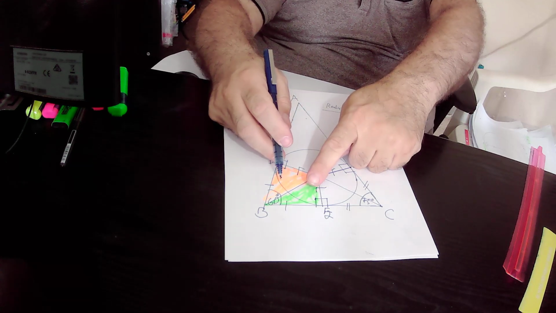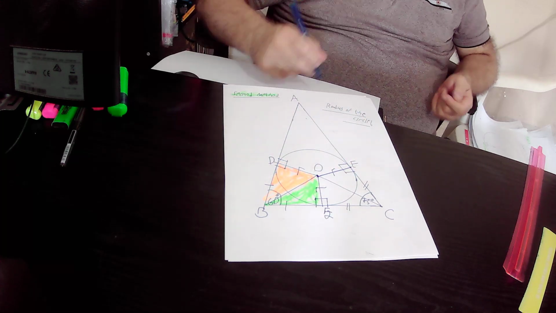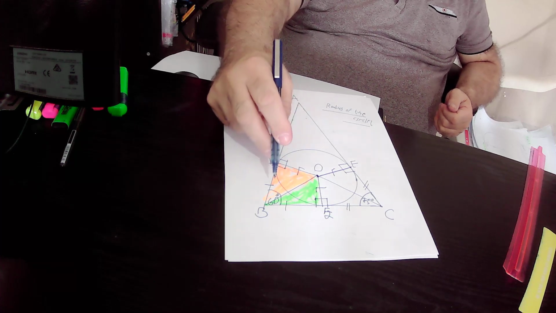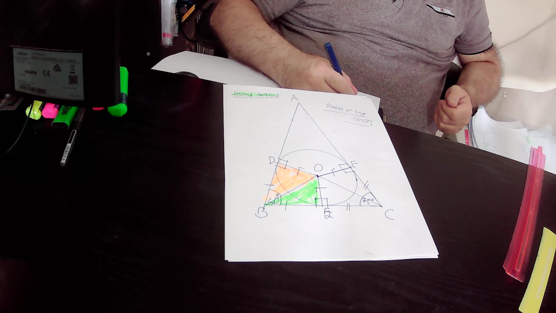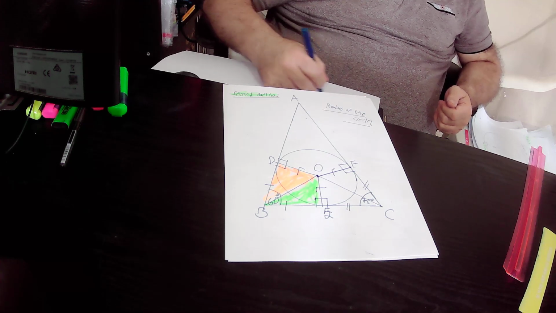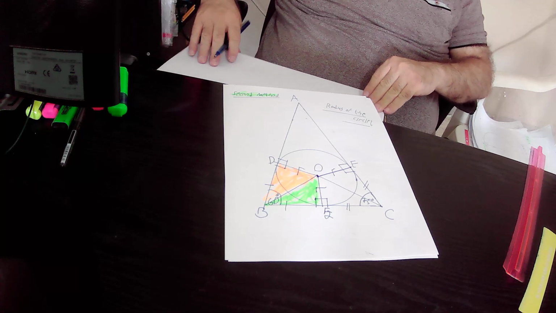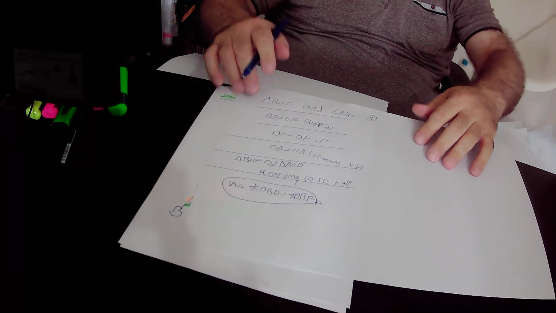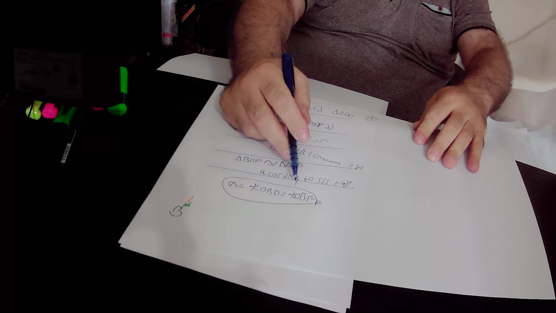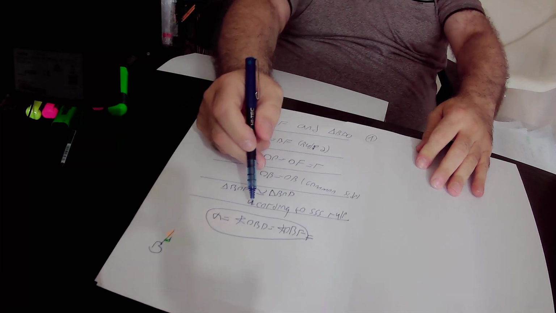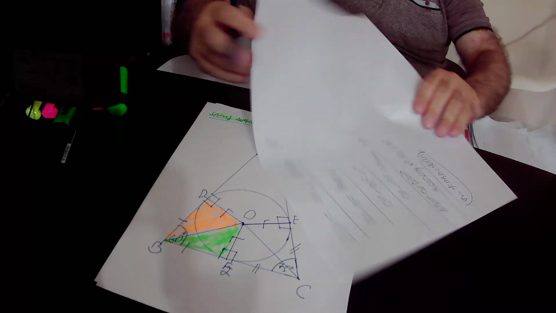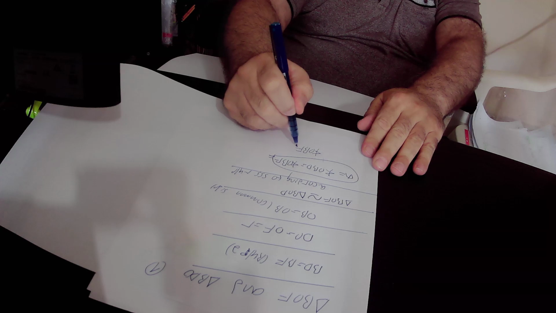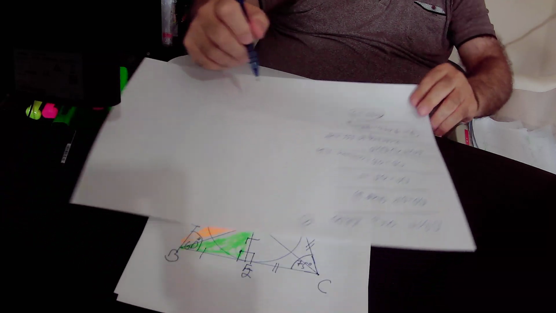Those two triangles are congruent, therefore the two corresponding angles must also be equal. So, if we define one of those angles as alpha, here angle OBD equals alpha, then from this equation we will derive that angle OBF is also equal to alpha. So both angles here are equal to alpha.